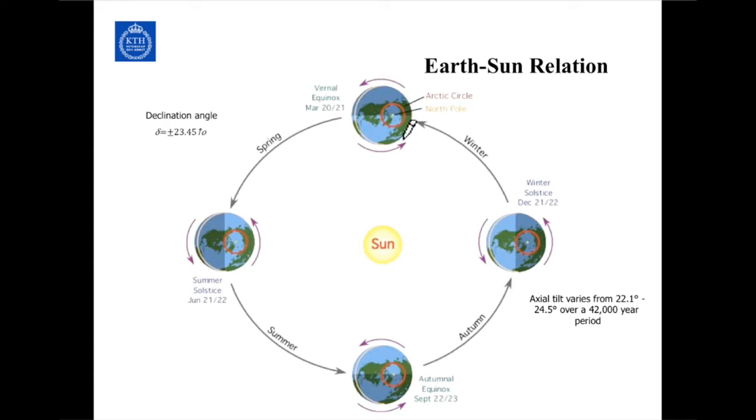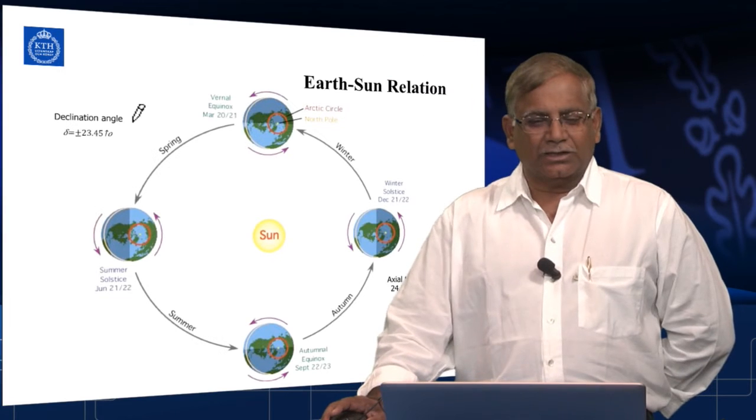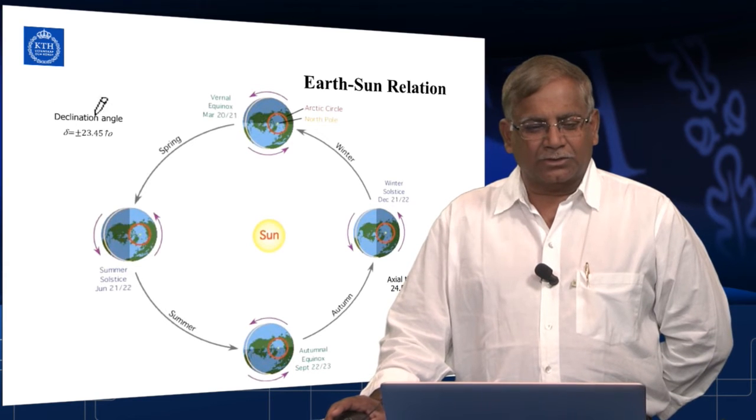This is the winter solstice, for example, then the vernal equinox, the summer solstice, and the autumn equinox. The maximum tilt of the earth towards the sun varies between 22 degrees and about 24 degrees. So on average, we can talk about the declination angle.